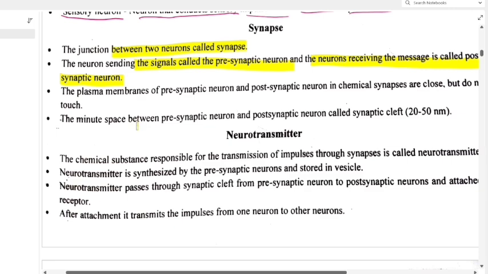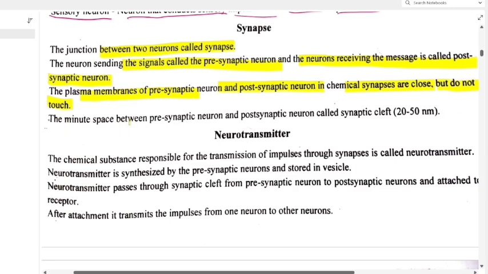In chemical synapses the plasma membranes are close but do not touch; the minute space between them is called the synaptic cleft, which is 20 to 50 nanometers.